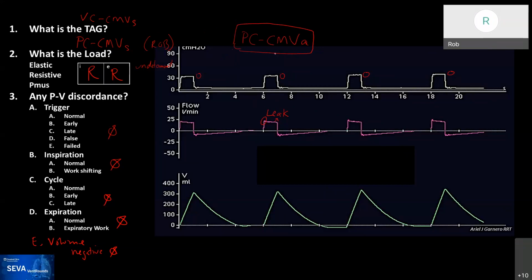So this is PC-CMV-A on a Hamilton ventilator, and Gaurav, to your point, you didn't have any PV discordance because there was no patient. There's no evidence of PMOs, so you don't see any of these activities. And the ventilator is being triggered by time because there are none of the usual markers that we have.